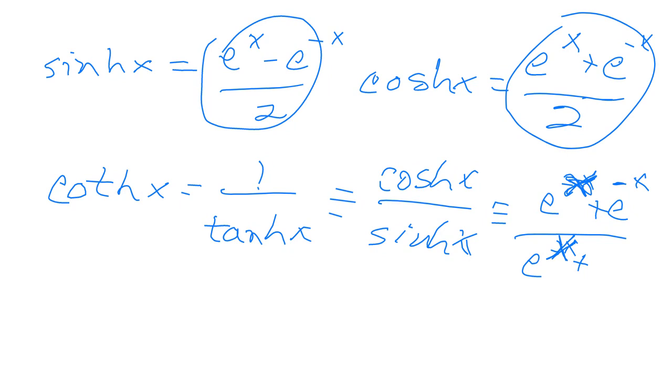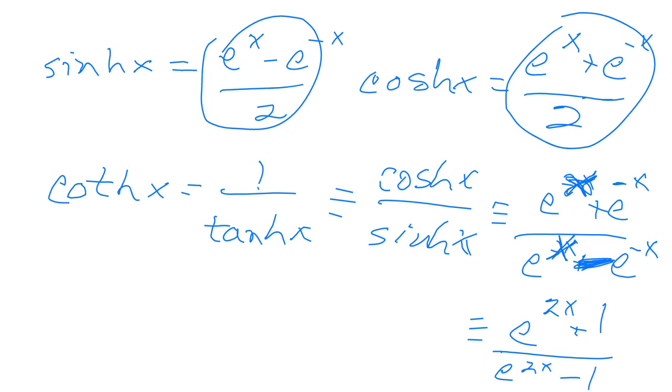And of course, yesterday we also factored out an e to the minus x and those cancel out. And so we would come up with e to the 2x plus 1 over e to the 2x minus 1 is what coth x is equivalent to. Okay, so anyway, let's just go back and get some nice results here.